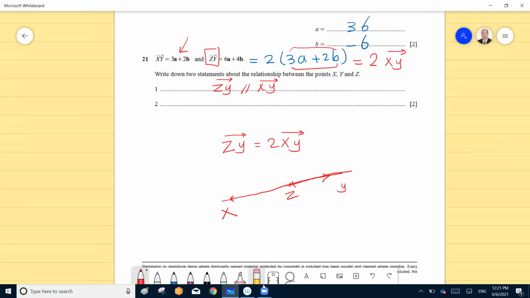Since point Y lies on both parallel vectors or lines, the points X, Y, and Z are collinear. And collinear means the points are on the same straight line.